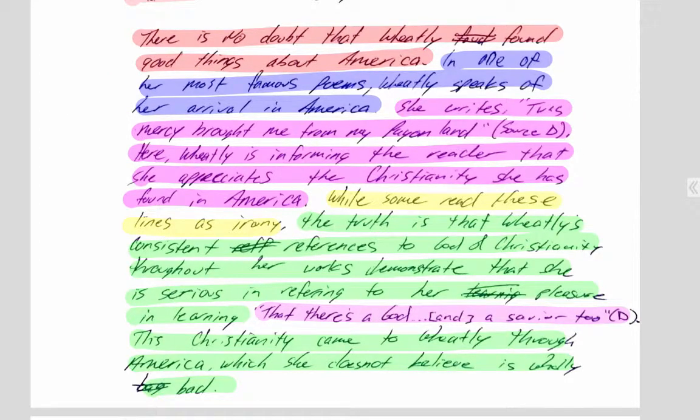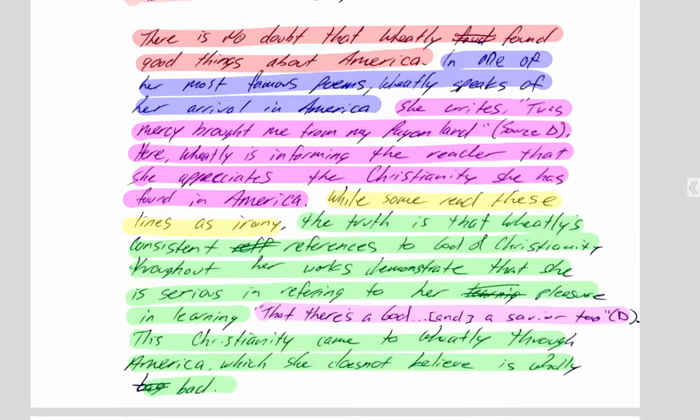So this is where I bring in my first source, source D. She writes, "'Twas mercy brought me from pagan land," then I put it into my own words. Got to make sure the reader understands what I think the quote means. Here, Wheatley is informing the reader she appreciates the Christianity she found in America. Then I go back to the "they say." While some read these lines as irony, then I get into my analysis and the "I say."